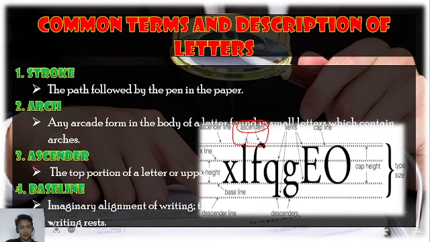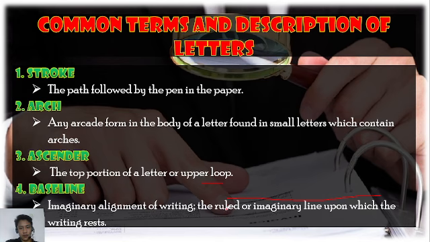Alright, and kapag sinabi po nating baseline, syempre yung nasa baba. Take note, yung baseline po ay hindi yung pinakababa. Iba po ang tawag natin dito. Ang baseline po natin is simply the imaginary line where the letters rest, as said here, where the writing rests.